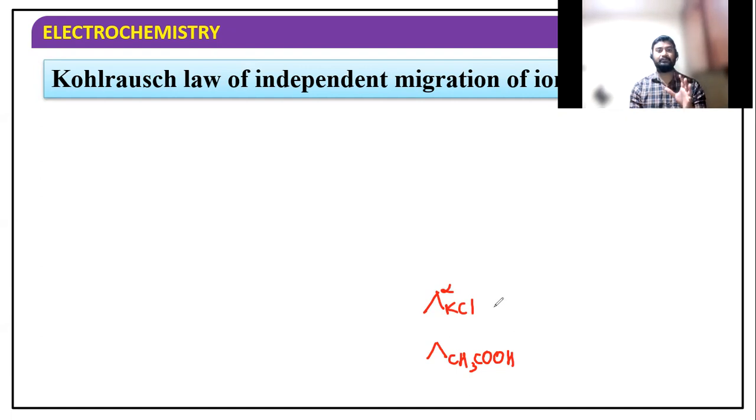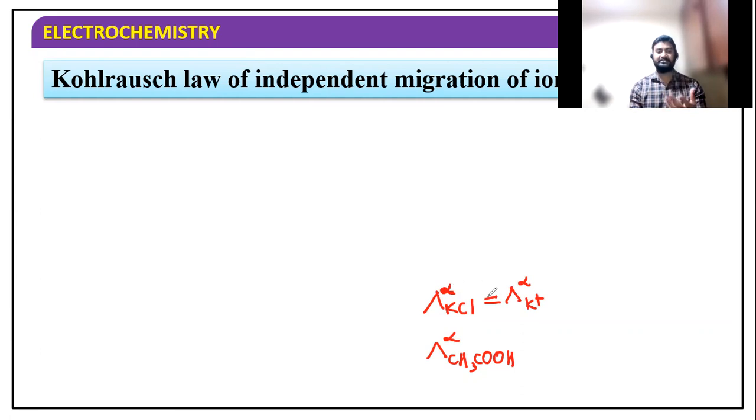We have added as much water as possible. So the law says that at infinite dilution, it will break 100% into ions. And we put an infinity sign just to say that this is infinite dilution.